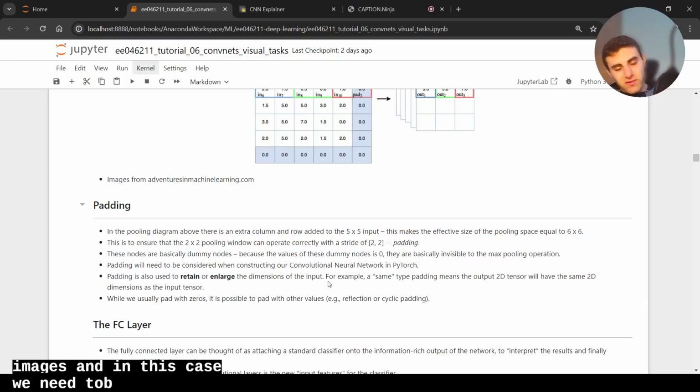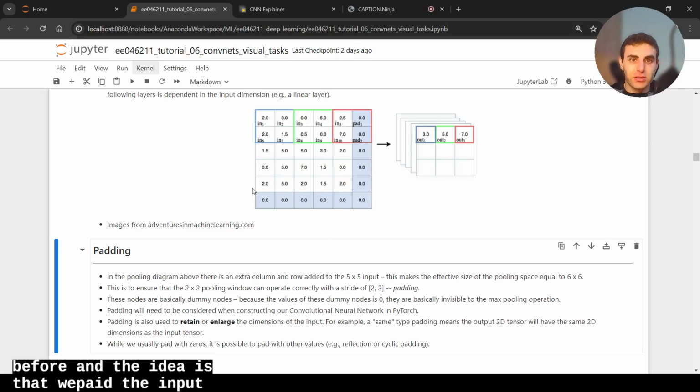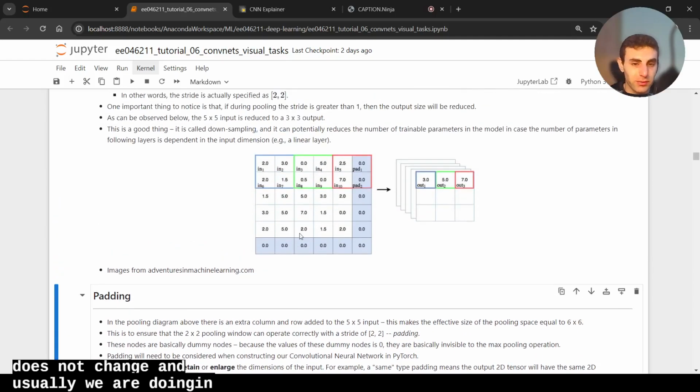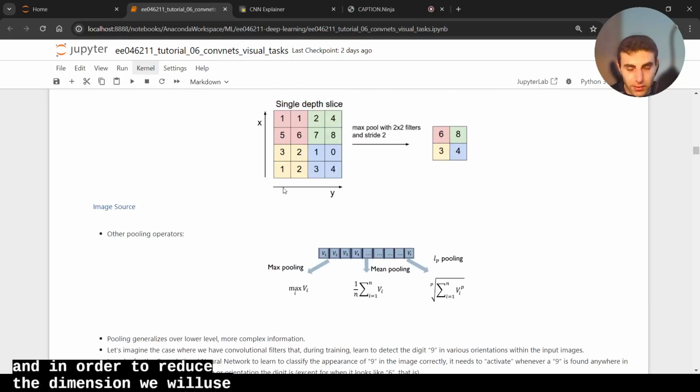There is also a very popular kind of convolution called convolution of type same. The idea is that we pad the input such that after we apply the kernel, the output dimension does not change. And in order to reduce the dimension, we will use max pool. We will see this as well.